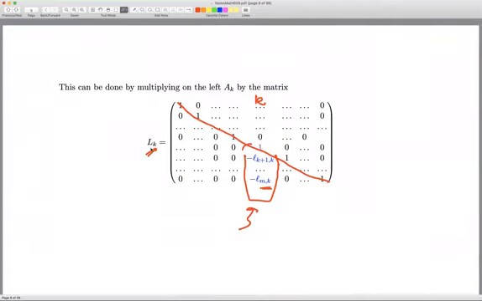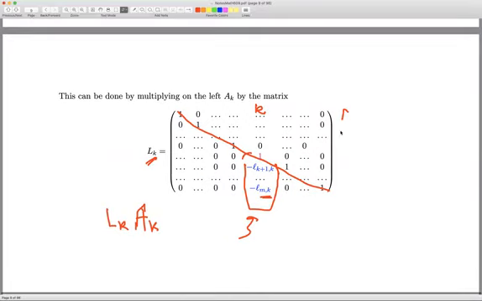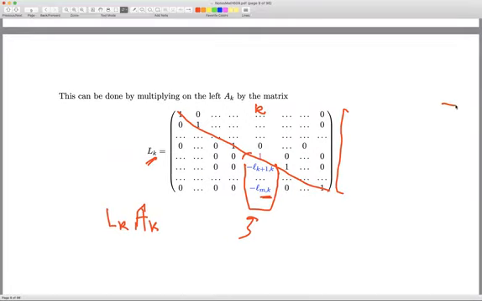So if you write down the matrix L_k and you look at L_k times the matrix A_k, we know that the matrix A_k has the following structure. Here is this pivot element A_kk, and here is the main diagonal, and here everything is 0.